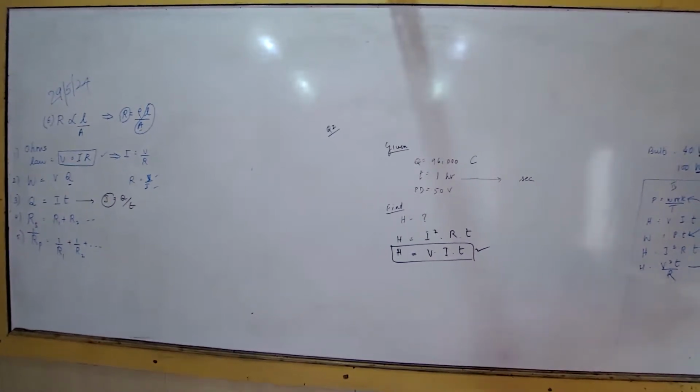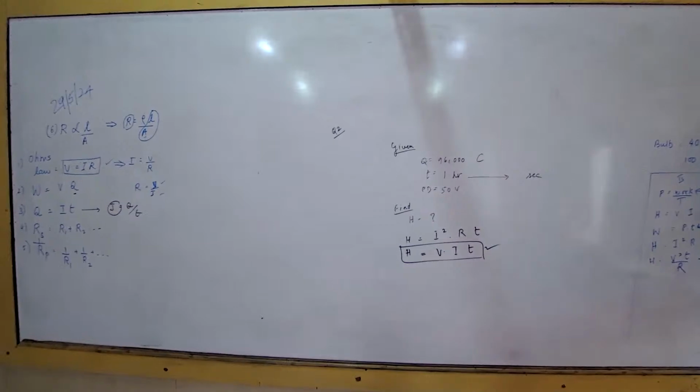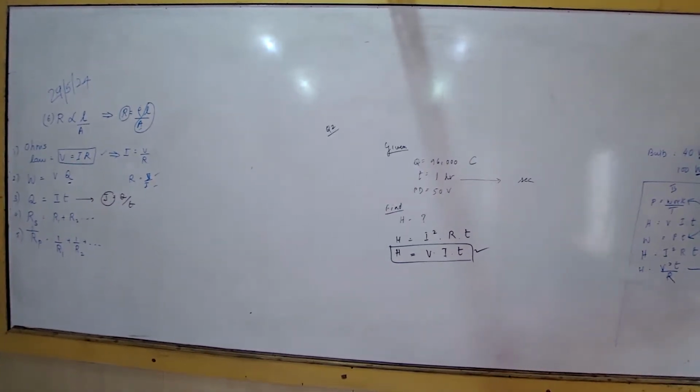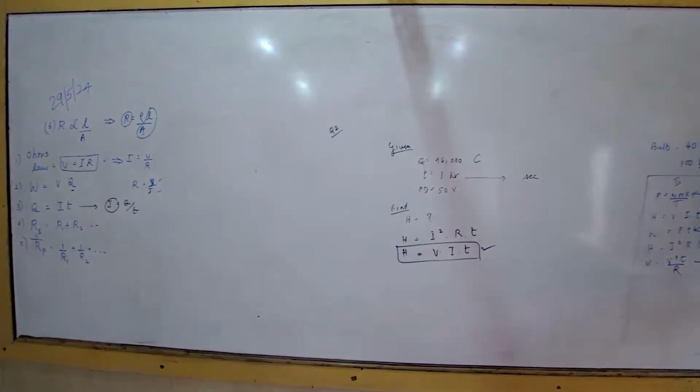How many zeros? 5. Okay, very good. Take it into 10 raised to the power of 6. How much will it be? That is power of 5. Oh, 4.8 into 10.